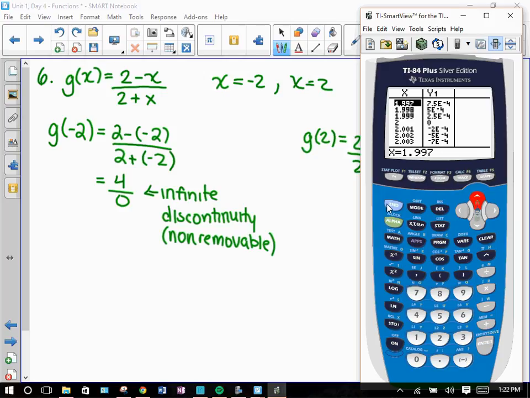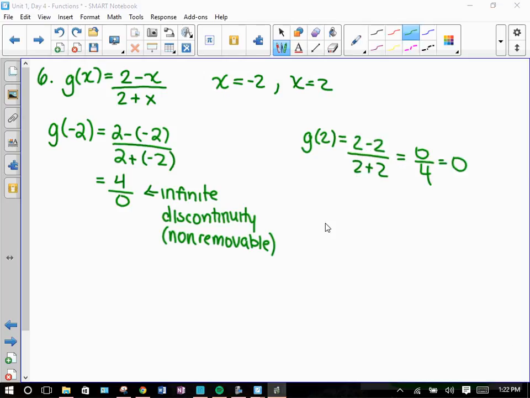Now, we can draw a conclusion here. Since the limit as x approaches 2 of g of x is equal to 0, and g of 2 is also 0, since these are both equal to 0, it's continuous.